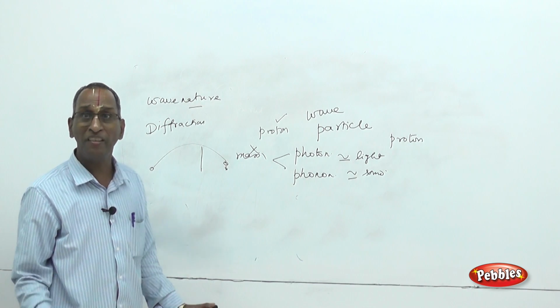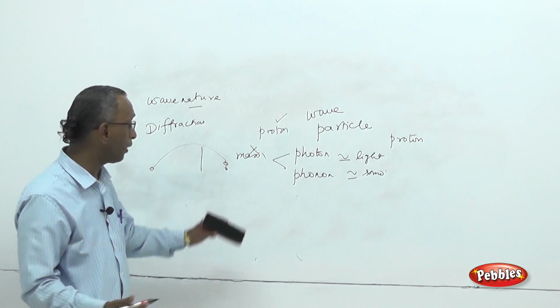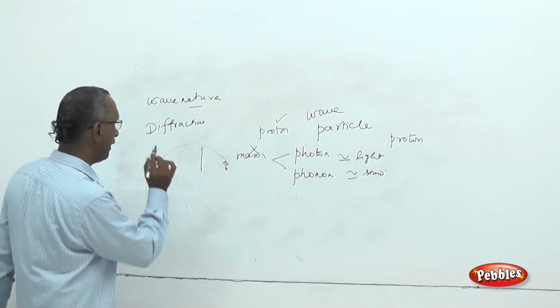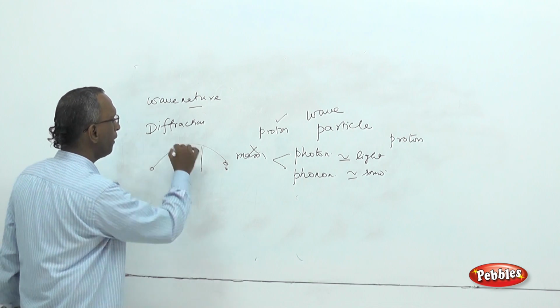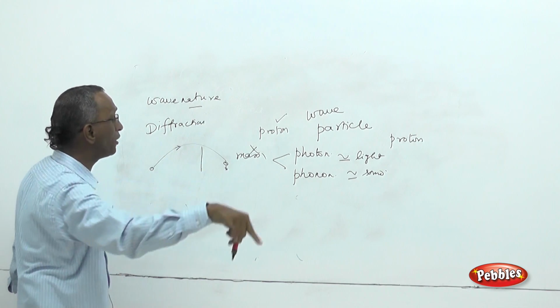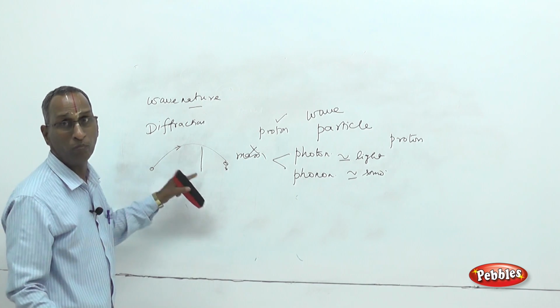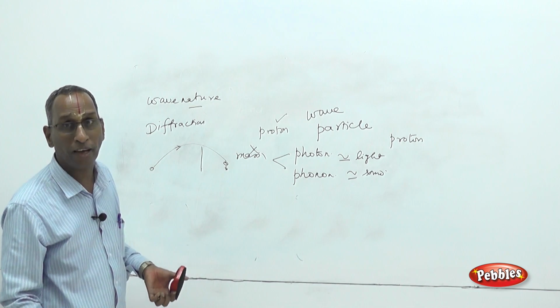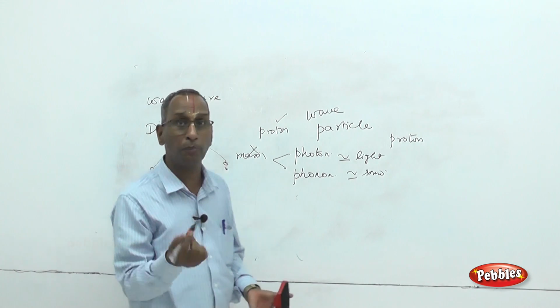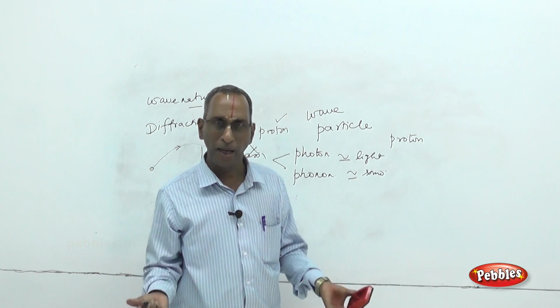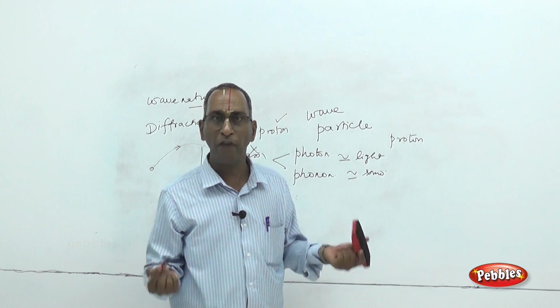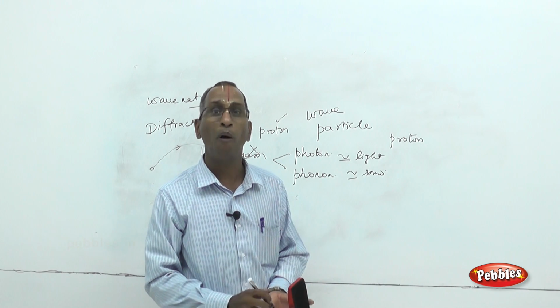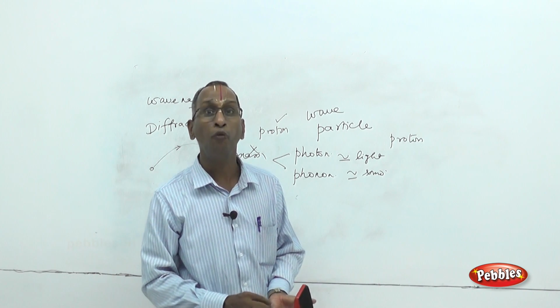The obstacle is a material which will not transmit light, but he could still see it. It is possible only when light bends around the obstacle. This bending phenomenon is called diffraction. Diffraction cannot be explained by rectilinear propagation of light. It is possible only if light travels in the form of waves.